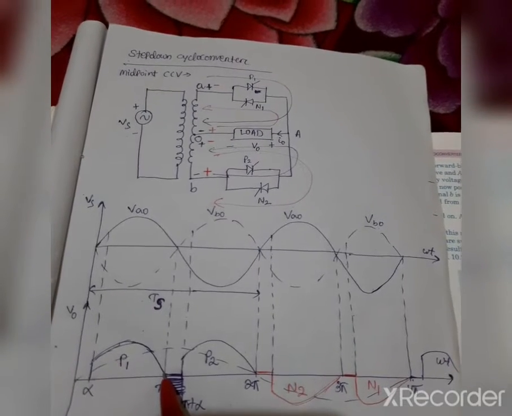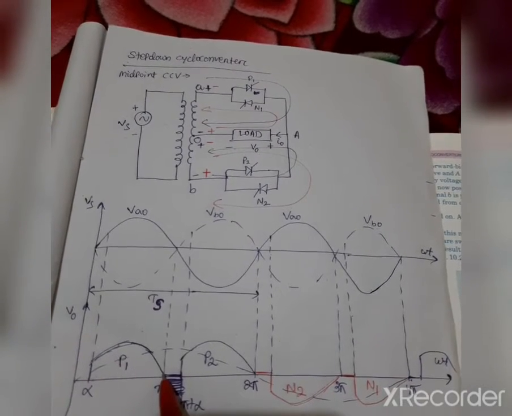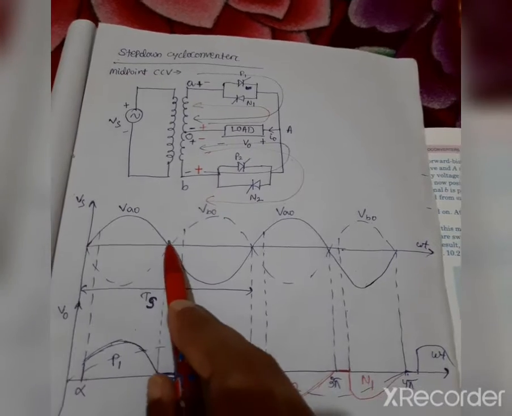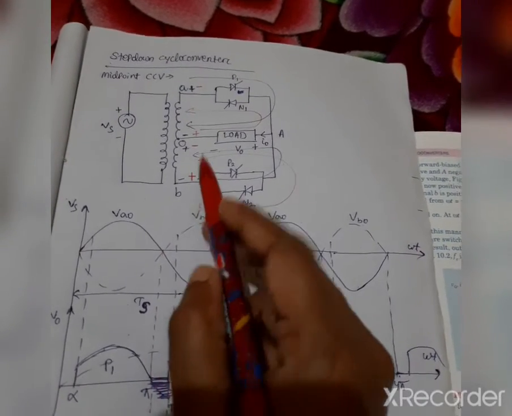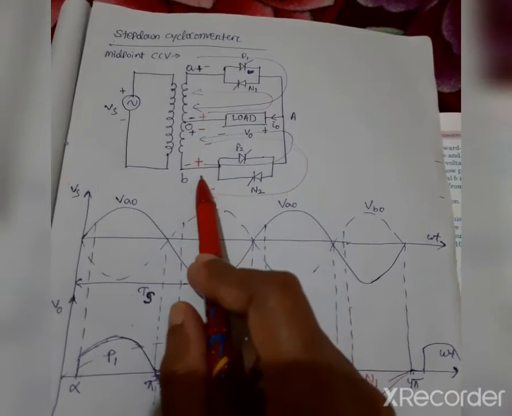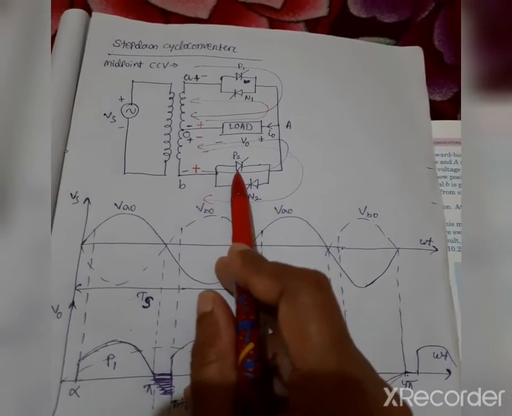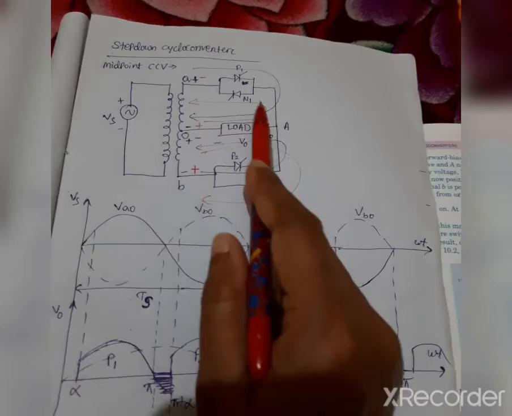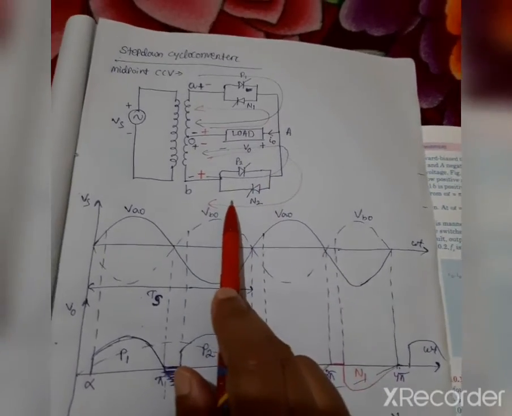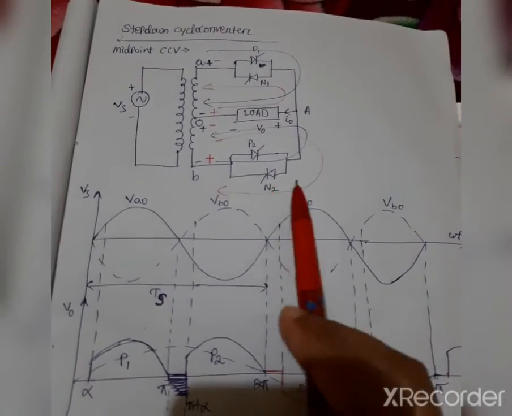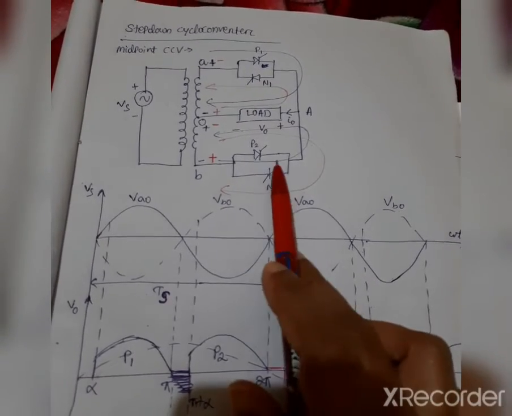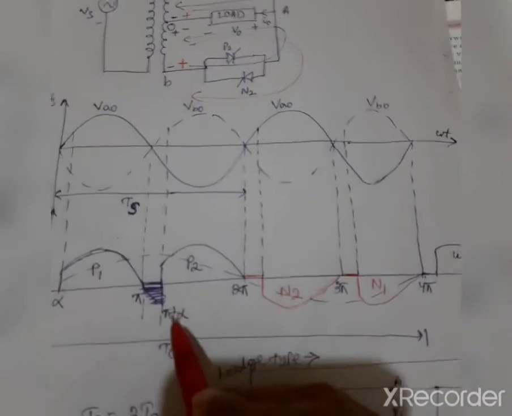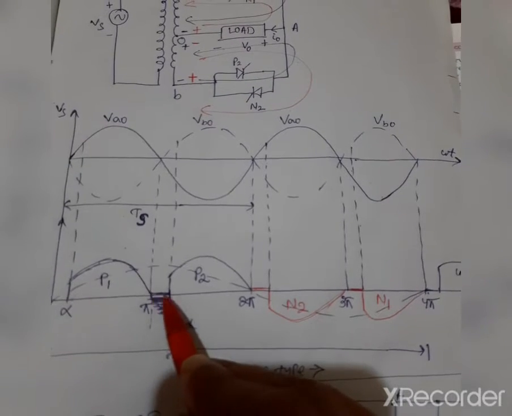Then the positive half cycle finished and the negative half cycle appears. In the negative half cycle, this is positive, this is negative, and P2 and N1 are forward biased. Our rule is that first all the positive group SCRs are conducted, so P2 is triggered.